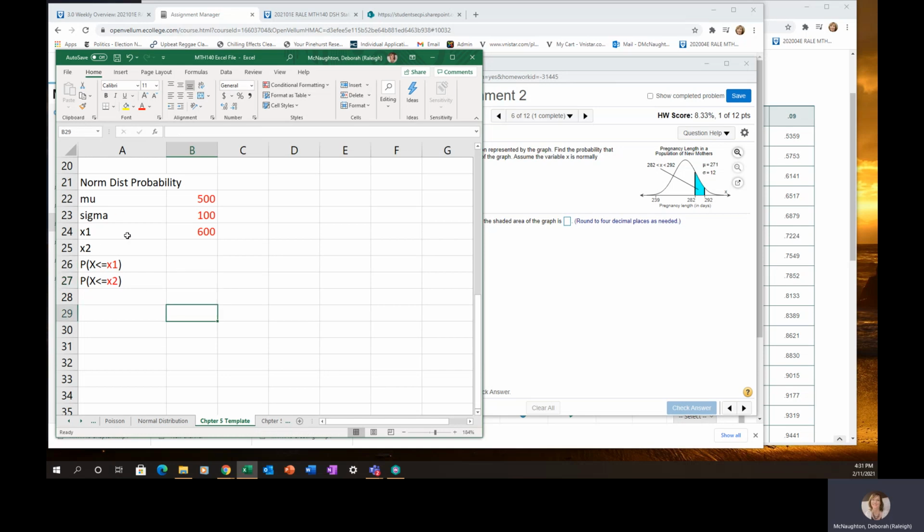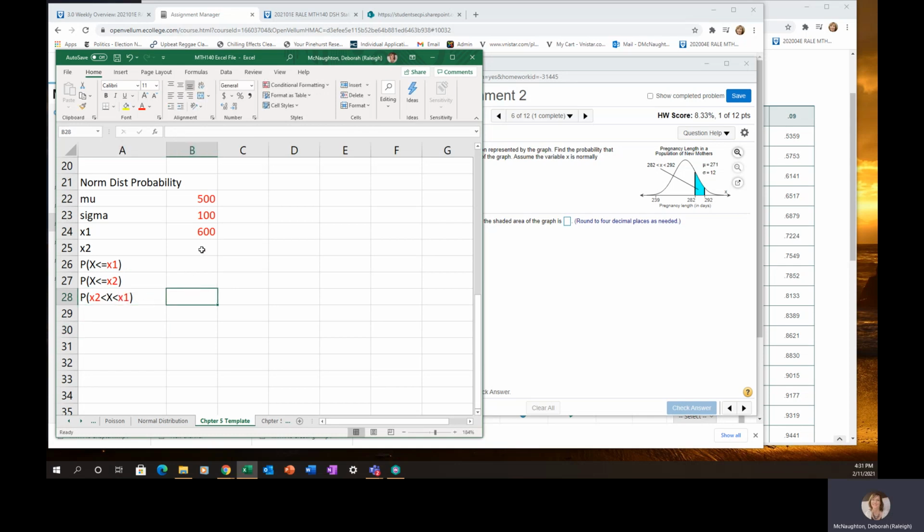Okay, and then that's how we can subtract to get the probability that x is less than x2 minus the probability x is less than x1. So I just wanted to show that these are the things that I had input.